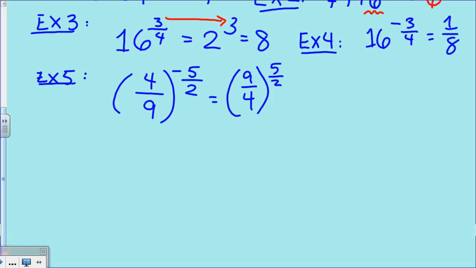Okay, the square root of 9 is 3, the square root of 4 is 2, and now we're going to raise both to the 5th. So 3 to the 5th over 2 to the 5th. All that works, exponents. We're sliding right through this.